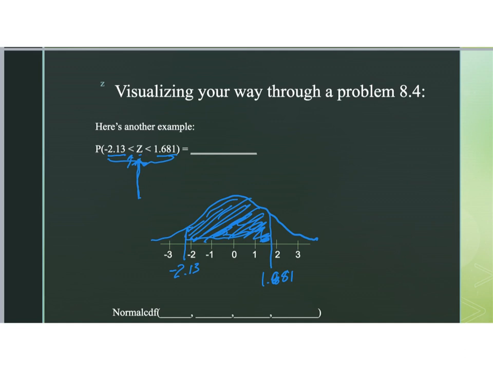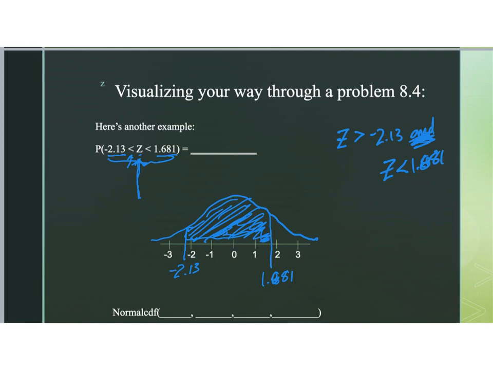Another way that this could be written is z being greater than negative 2.13, and, using the word and, z less than 1.681. And is very significant, and we want to use that word because, if you recall, and is really the intersection of the two.